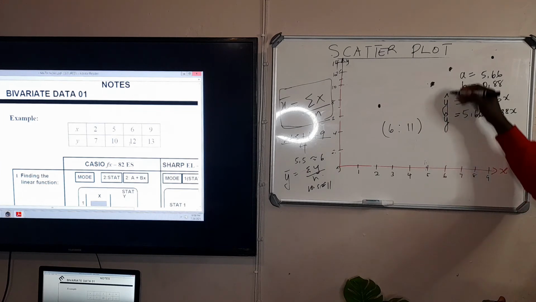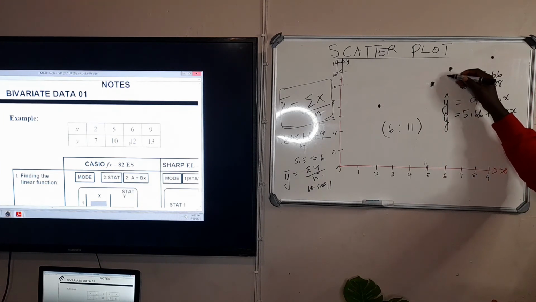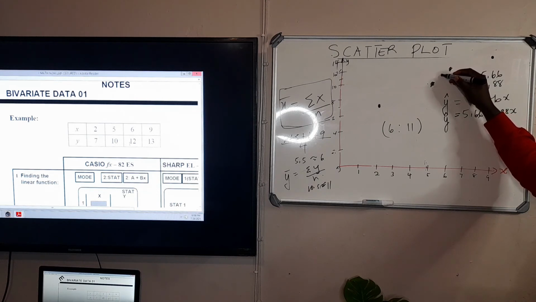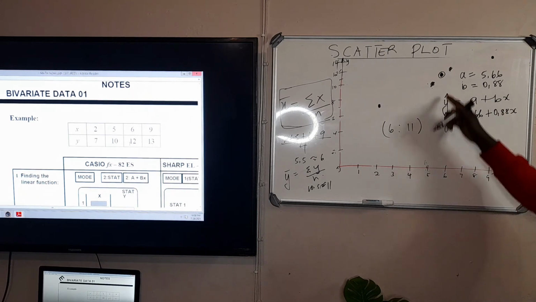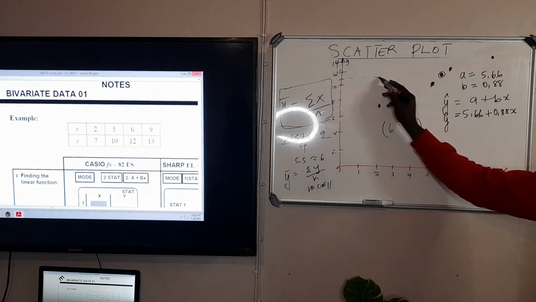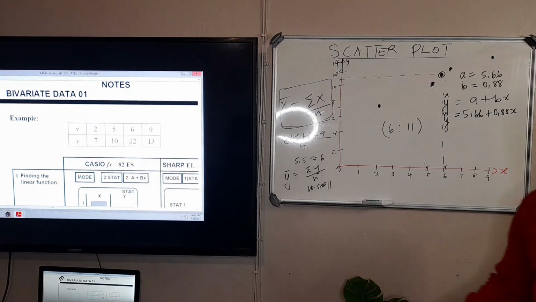So 6 to 11 is somewhere here. You can see this point that I put in here is circled. It's 6 to 11. So that becomes my scatter plot.